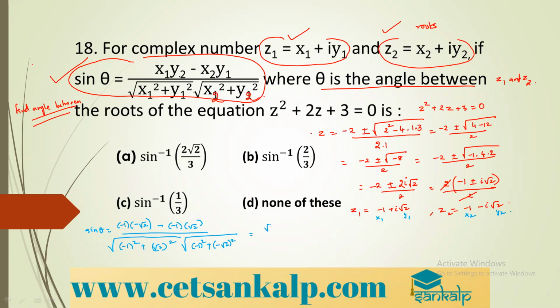So I will get root 2 plus root 2 by square root of 1 plus 2 into square root of 1 plus 2, so 2 root 2 by 3. This is sine theta. Theta will be sine inverse 2 root 2 by 3. I can go for option A.